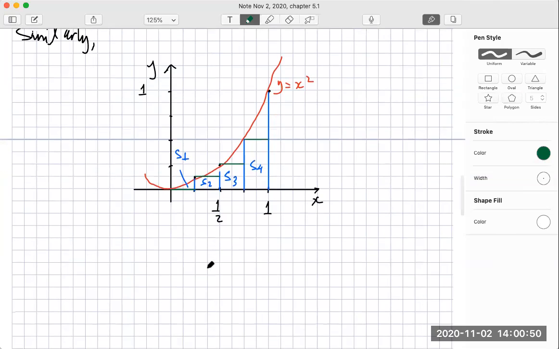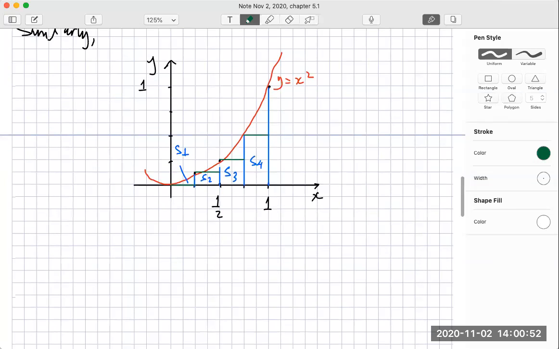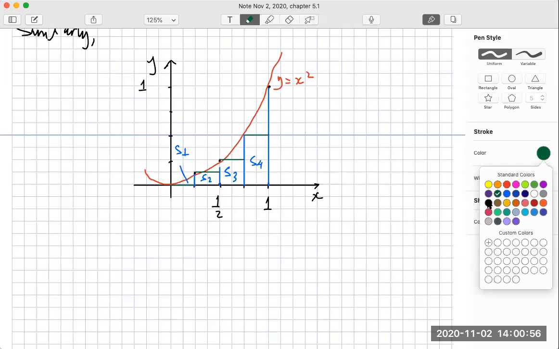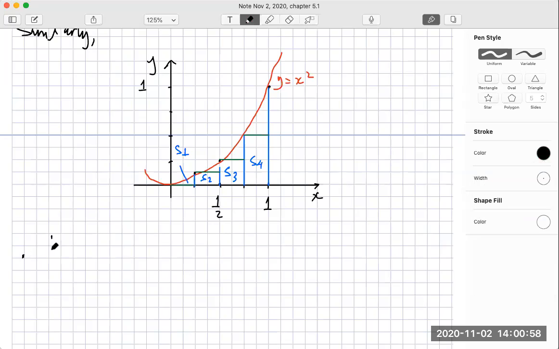So we see that the lower approximation, L4, will be the area of these rectangles. The first one has the same width, 1/4, and the height is 0. The second one here has width 1/4 multiplied with the height.